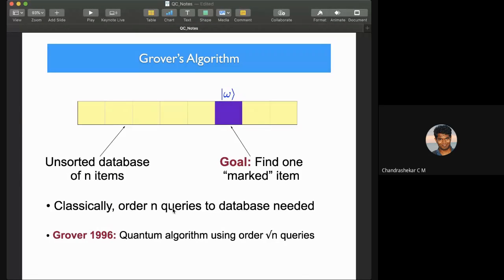One simple example is a sorted versus an unsorted database. There are two ways of looking at it. Most of you might be familiar with telephone directories. You will have names associated with telephone numbers. The names are all sorted in alphabetical order.